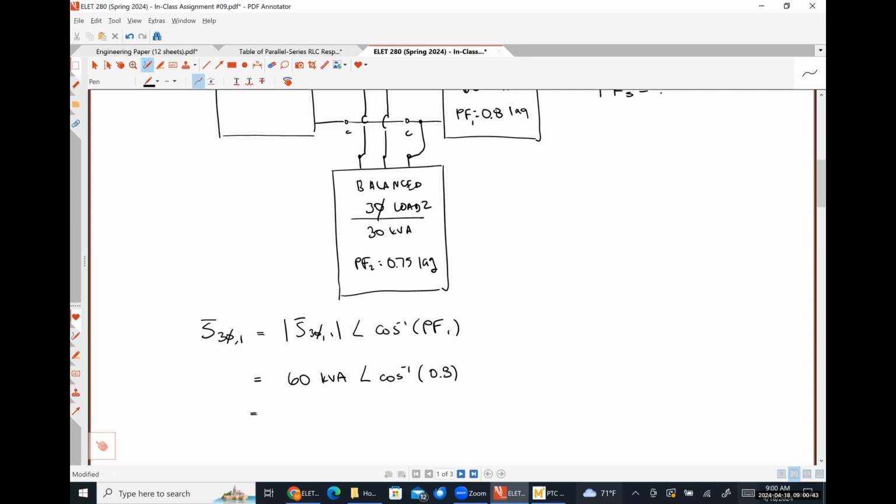Let me throw this in my calculator. I got 60 angle 36.870 degrees kilovolt amperes. And I'm storing that in my calculator as X for later use.